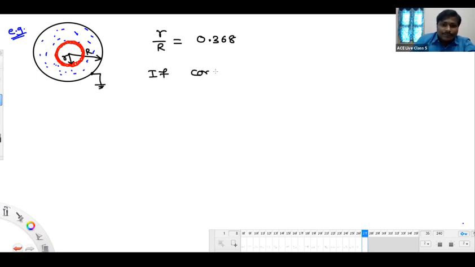If corona occurs due to some reason, whatever it is, see, listen, corona occurring means the surrounding dielectric medium of the core gets ionized, right?